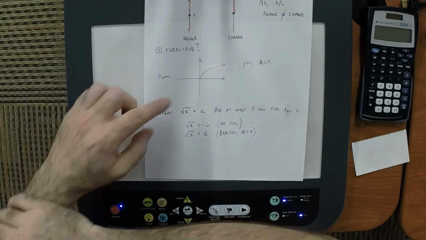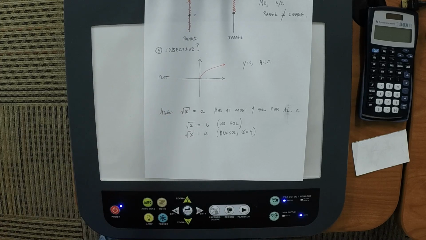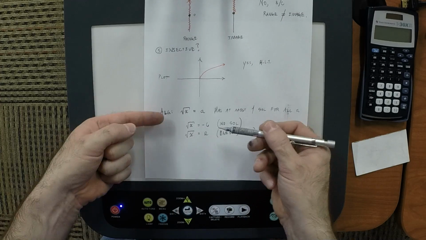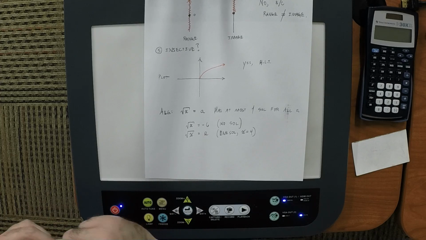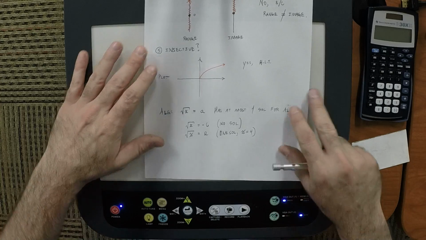So visually, the horizontal line test: every horizontal line intersects 0 or 1 times. Algebraically, every equation either has 0 or 1 solution and no other possibility. Okay, great. Any question about square root?